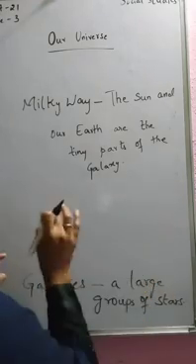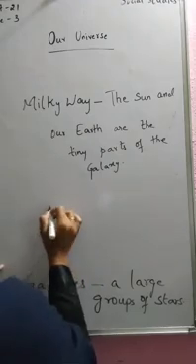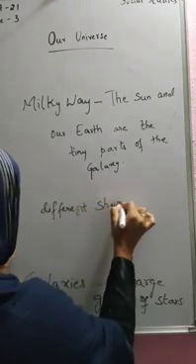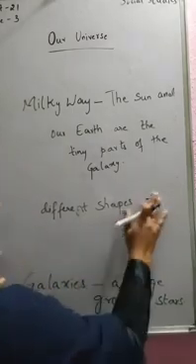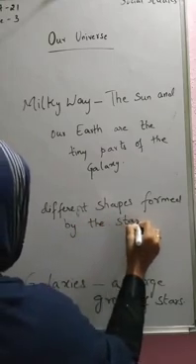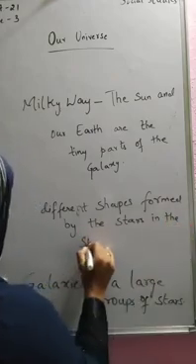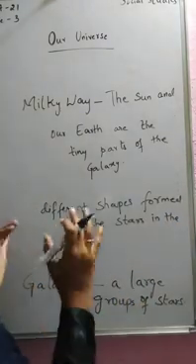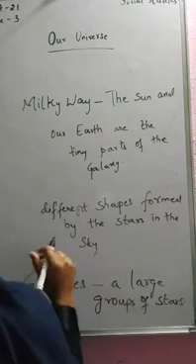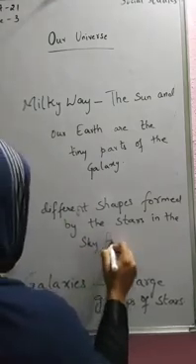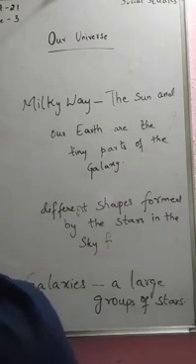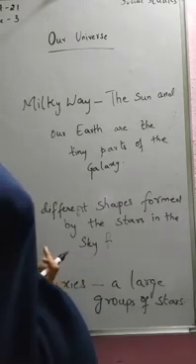Then sometimes you find some shapes, isn't it? The stars are formed into different shapes. If you have observed, when you look at a group of stars in the sky, you find that they form a pattern, like different objects and animals.